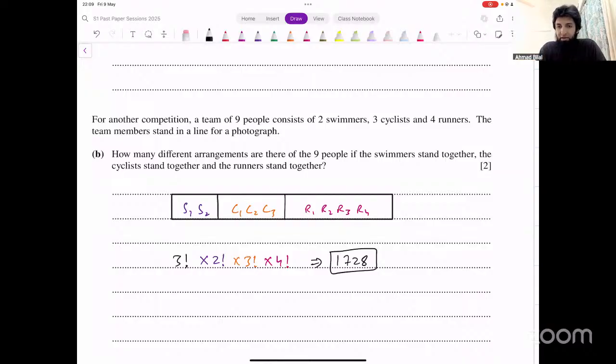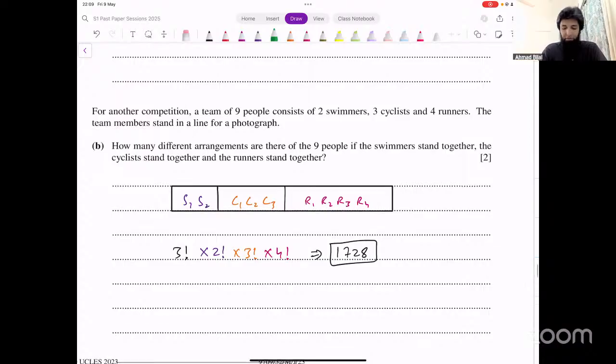There's nothing identical, right? Yeah, so these are all different people. We have swimmers, but these are people. People are not identical. These are not letters that are S, S, C, C. These are people, so they're all different. So we don't have to divide by anything for that reason.